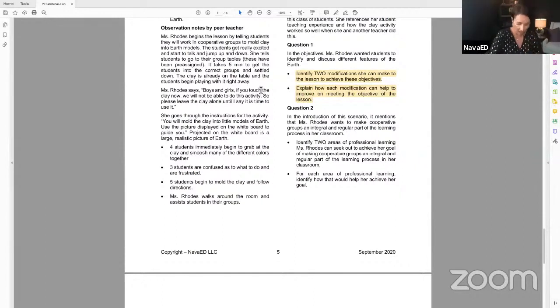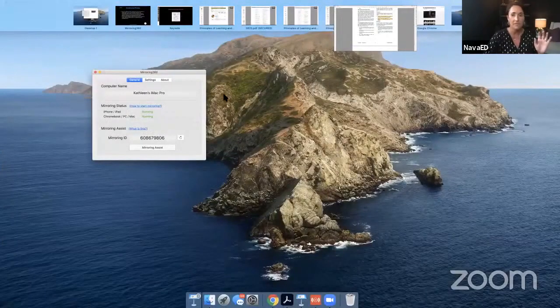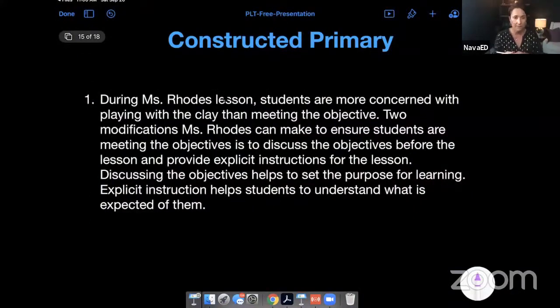And here's how I do it. I'm going to pull up a paragraph. And again, you're going to get this, so don't worry. And this is going to be my constructed response for primary. All right. During Ms. Rhodes' lessons, students are more concerned with playing with the clay than meeting the objective. That's something I observed in that scenario there. 2 modifications Ms. Rhodes can make to ensure students are meeting the objectives is to discuss the objectives before the lesson.